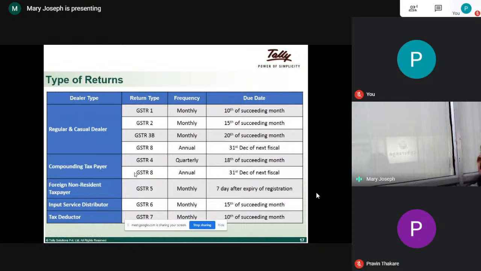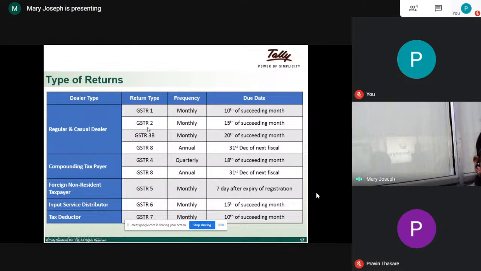Now, the types of returns. How many types of returns are available in GST? Dealer type is a regular and casual dealer. So the return type will be GSTR1, which is used for outward supply. Its frequency is monthly and the due date is the 10th of the succeeding month.